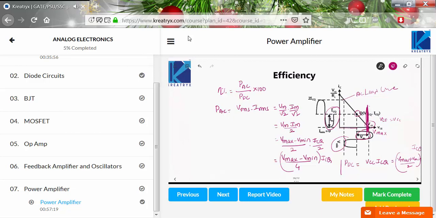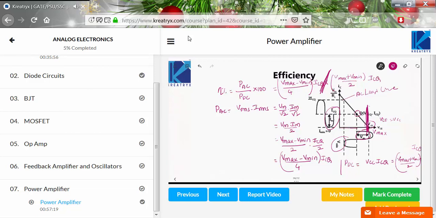Now what is the efficiency here? PAC is nothing but V max minus V minimum by 4 into ICQ, divided by V max plus V minimum by 2 into ICQ.